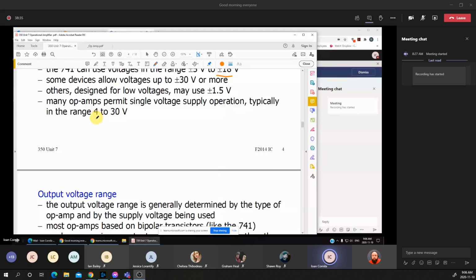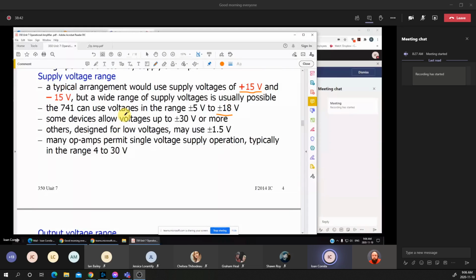Again, the range that we may see between 4 volts and 30 volts depends on the applications, and on the op-amp's code or type. But most of the time when we are seeing 741, remember that it's plus or minus 15, we can go higher to 18 volts.